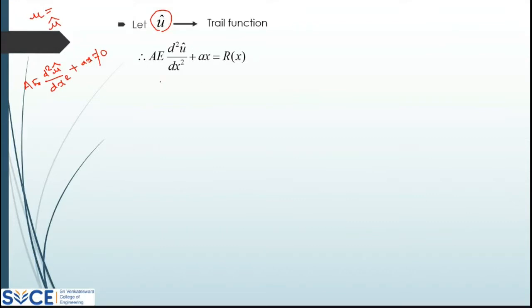Now I am going to use this Galerkin method. According to Galerkin method, integral of weighted function w of x times R of x is equal to 0. This is my method, Galerkin method. What is this w? W is dou u by dou a, where a is your unknown values.